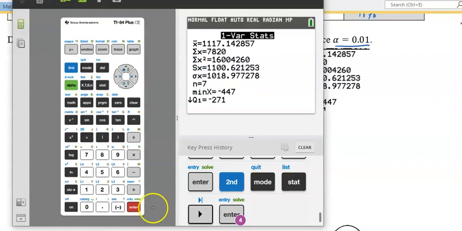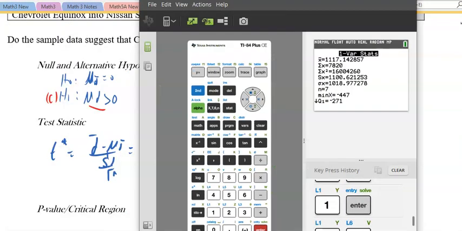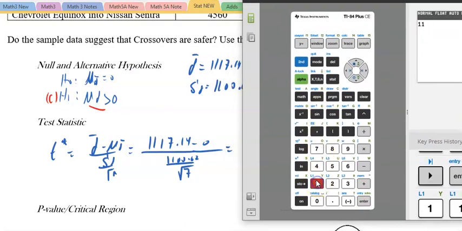And if I throw this in the calculator, I would take 1117.14 divided by 1100.62 divided by the square root of 7 as I see it.